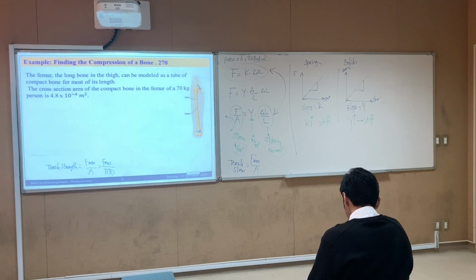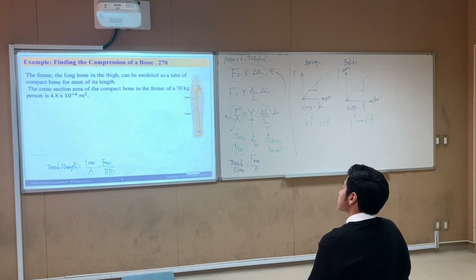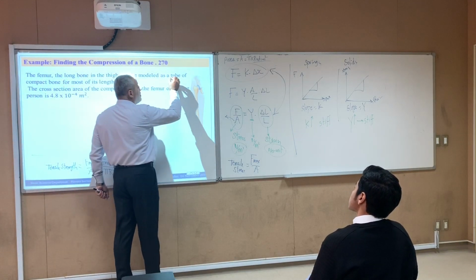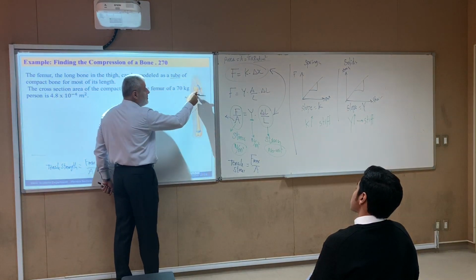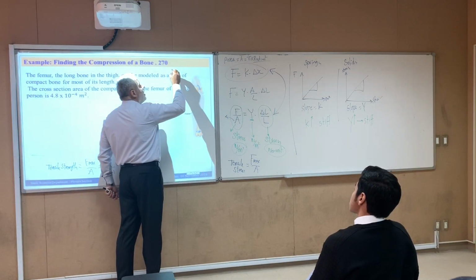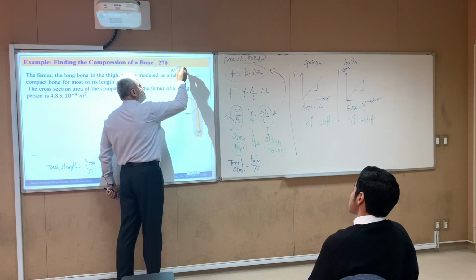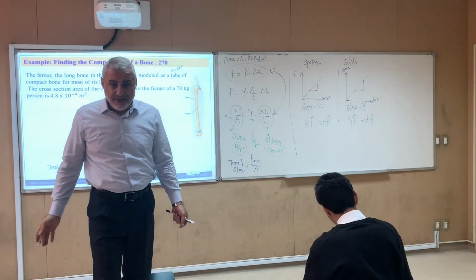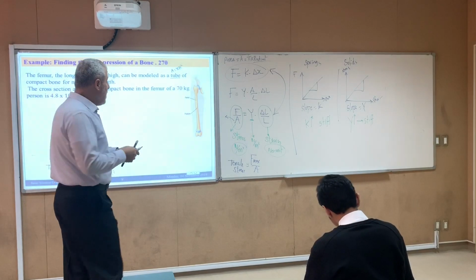See يا شباب, the femur, the long bone in the thigh here can be modeled as a tube of compact bone for most of its length. When I say tube, it means you can say it's a cylindrical tube, cylindrical shape, like this bone.